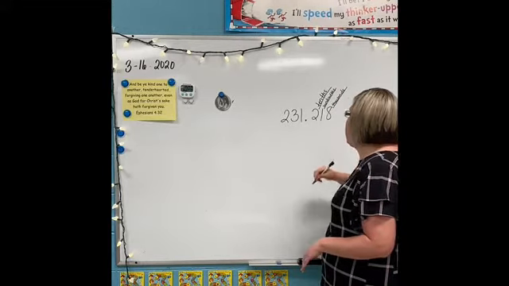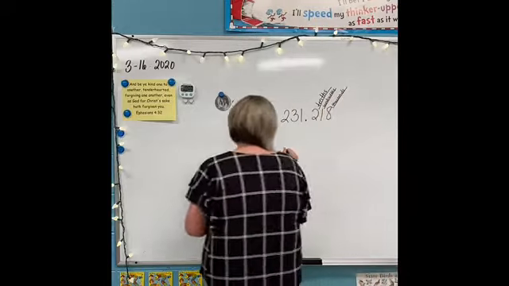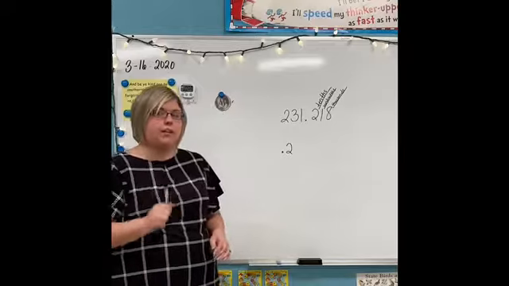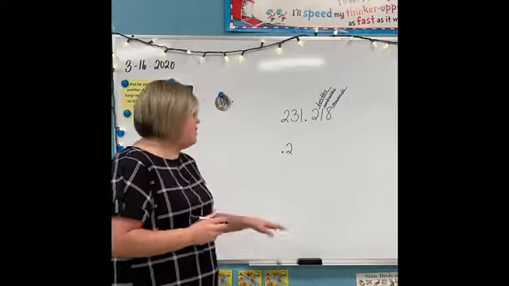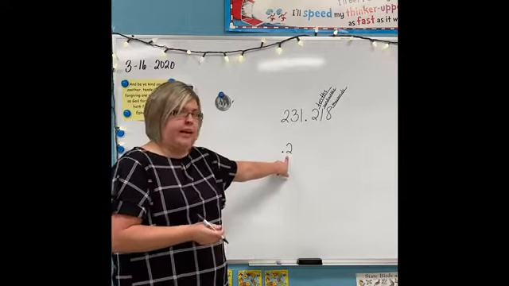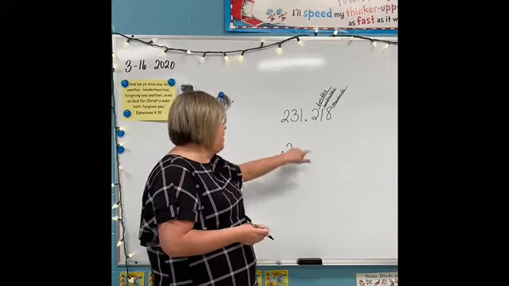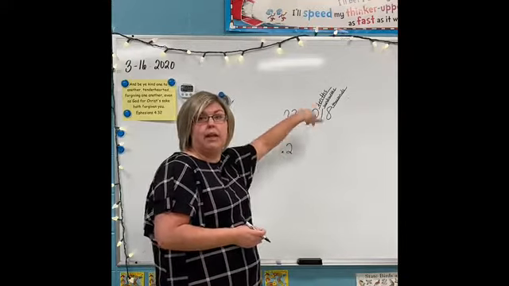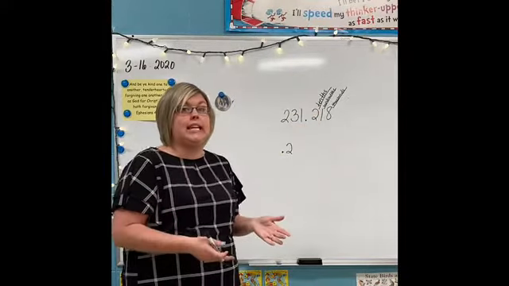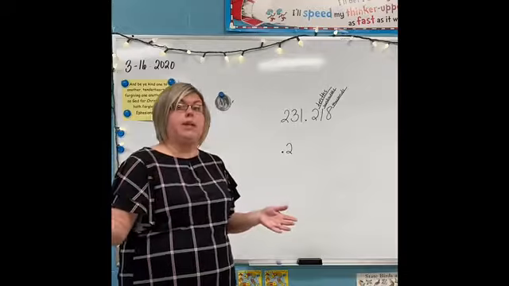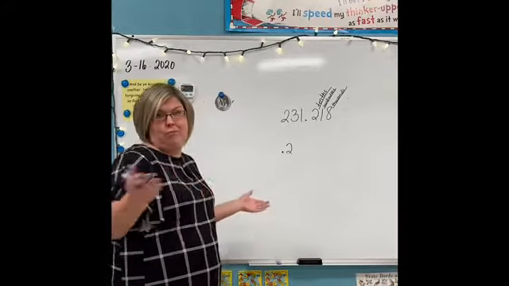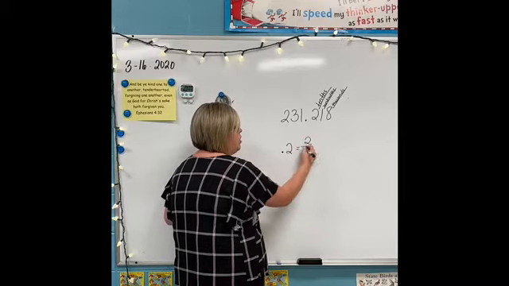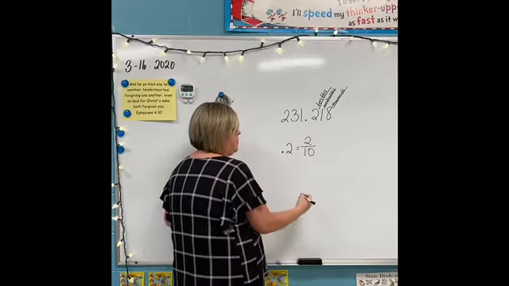Okay, so if I had a number that looked like 0.2, and I wanted to change that to a fraction, I would ask, what place is the 2 in? There's only one place after the decimal, so it's in the tenths place. So really, it's 2/10. We know how to write 2/10, right? So 0.2 equals 2/10.